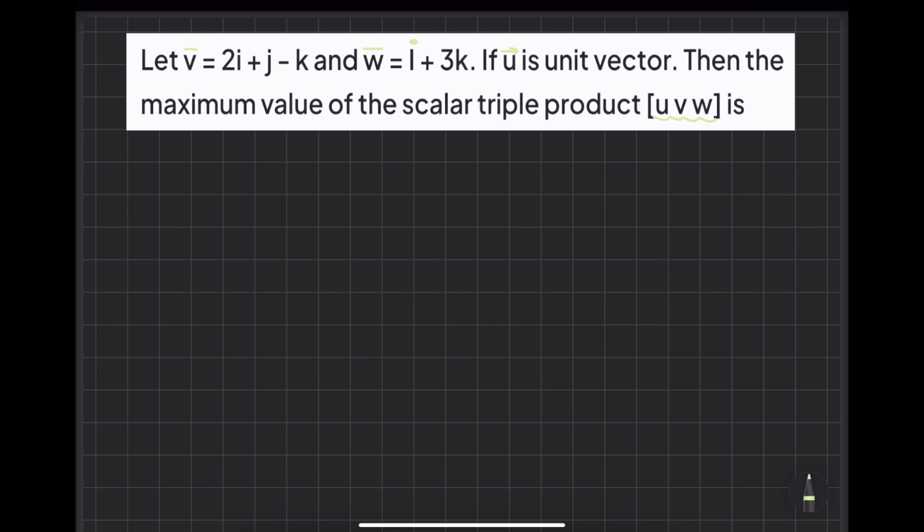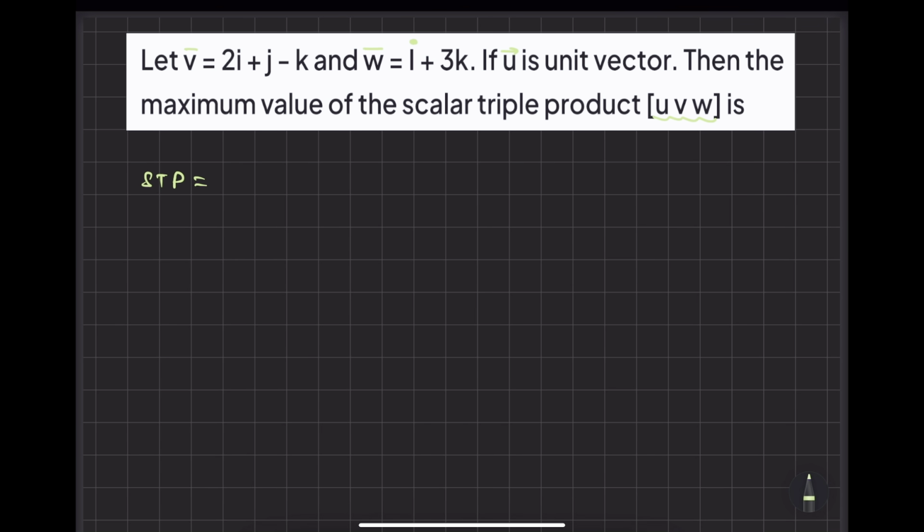Now, you guys are aware of this idea that if we talk about STP, we go with the determinant method. Okay, but in the determinant method we used to have all the vectors, vector u, vector v, vector w.